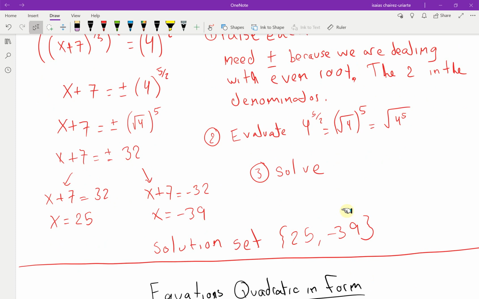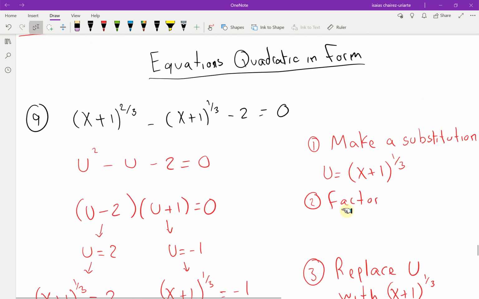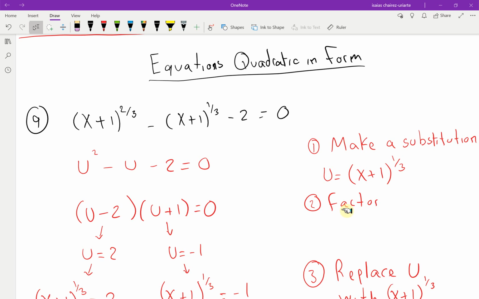Okay, so hopefully we agree on these first two equations. Now let's talk about equations quadratic in form. Let's just jump into exercise number 9: x plus 1 raised to the 2/3 minus x plus 1 raised to the 1/3 minus 2 equals 0.